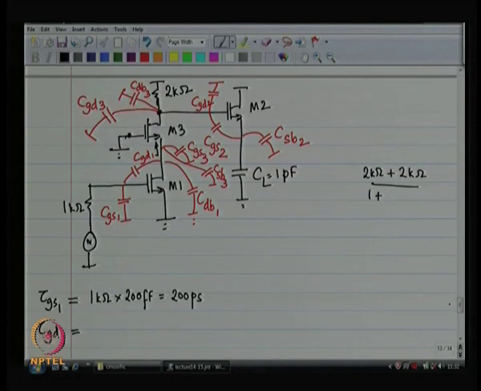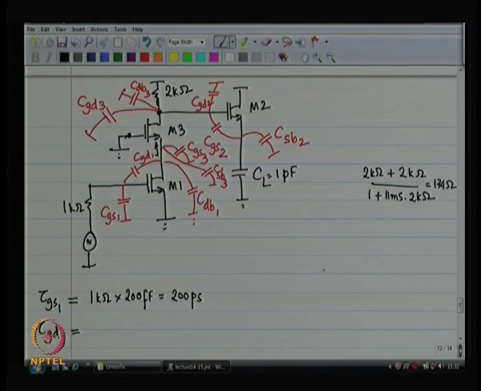Should be GM plus GMB because those are coming in shunt with each other. Okay. So, that is the resistance that you see looking upwards. So, that happens to be, I have brought my calculator, about 174 ohms. Okay. So, keep this in mind.